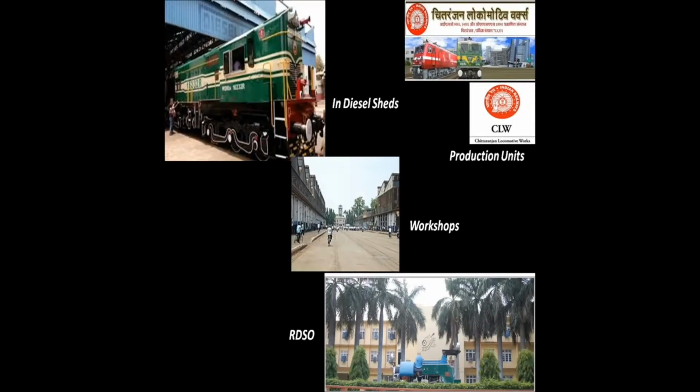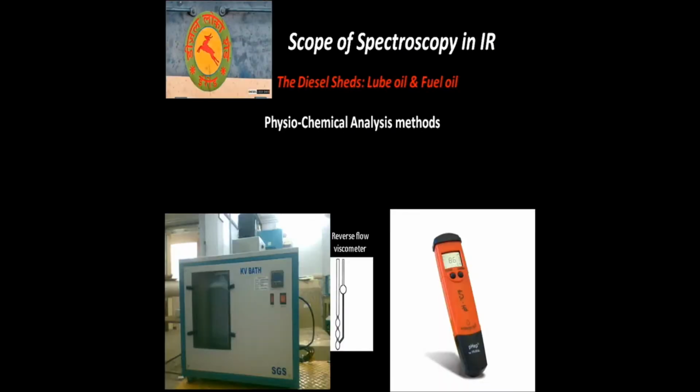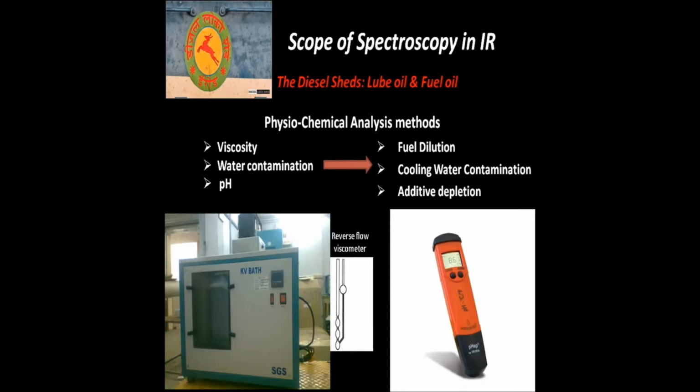Let us see the scope of spectroscopy in Indian Railway starting with diesel sheds. The usual physiochemical analysis methods such as viscosity, water contamination, pH of used lube oil provide information about fuel dilution, cooling water contamination, additive depletion.